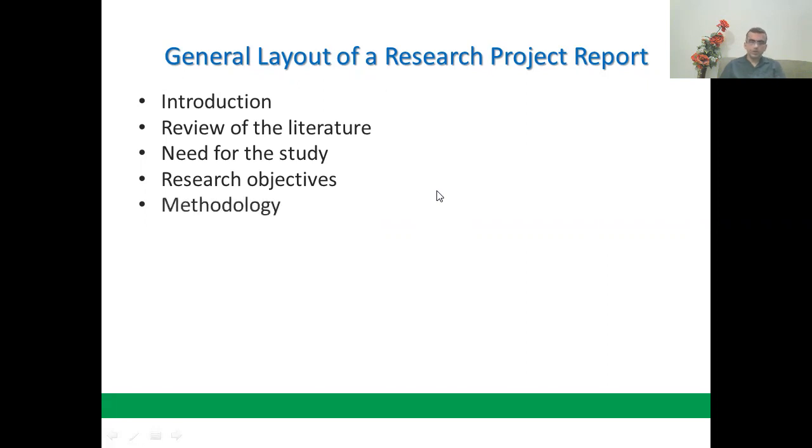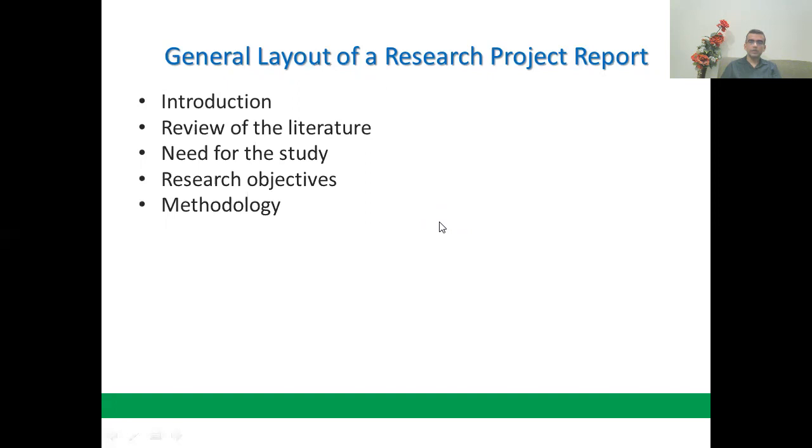Next is the methodology. This will include the research methodology part, and this question is asked many a times, that what do we need in research methodology. So in research methodology, you should have the research design, the sample size, the sample unit, and the sampling technique which you are using for the project.